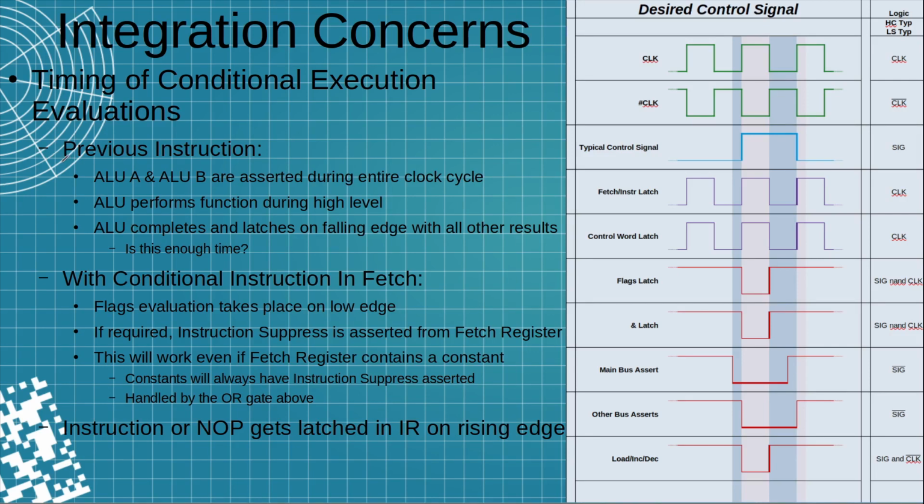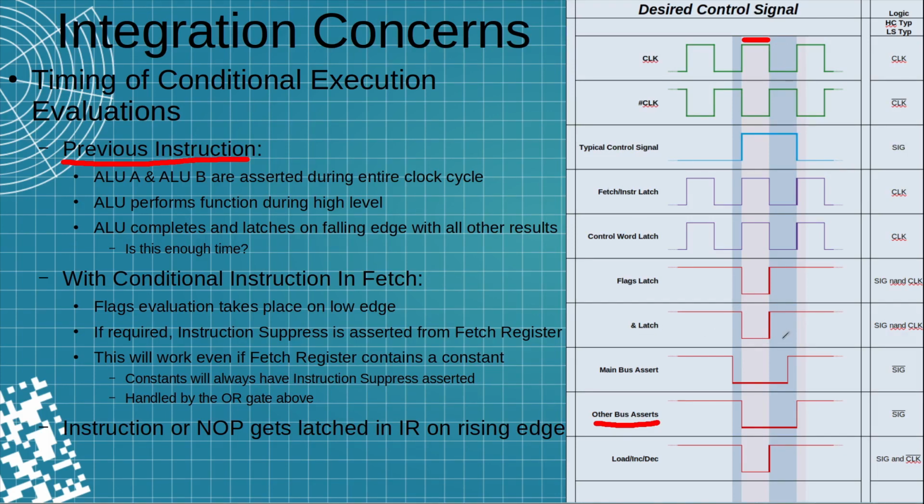Looking at that instruction that's in the instruction register, ALU A and ALU B are asserted during the entire clock cycle, and we can see that down here with the other bus asserts. We're asserting onto those buses during the entire clock cycle. The ALU performs its function during the high clock cycle, so while the clock is up here. And then on the falling edge of the clock, everything gets latched.